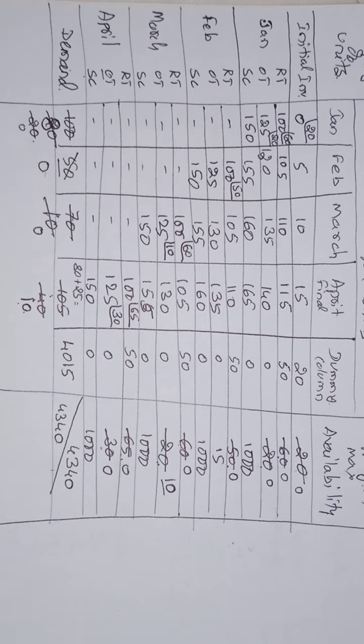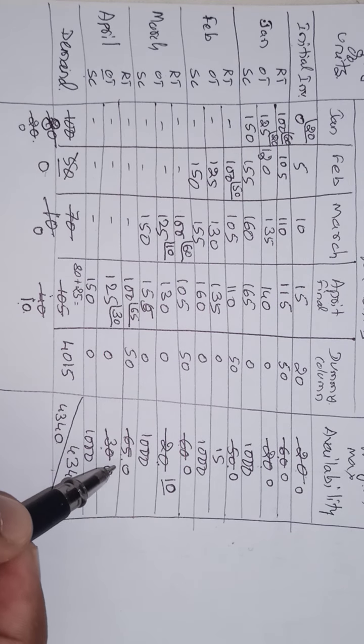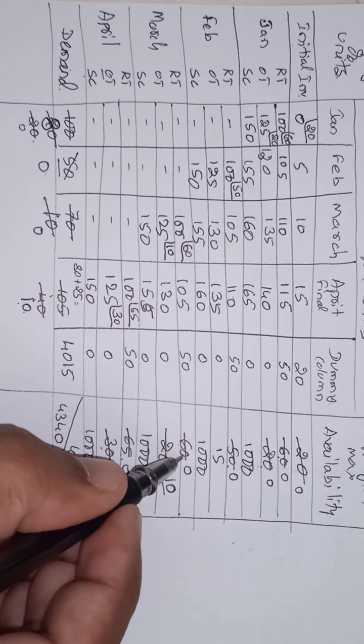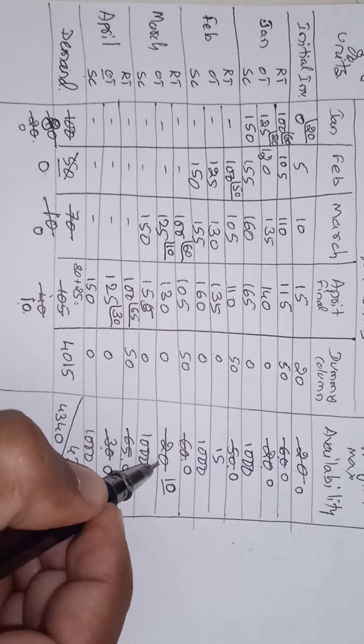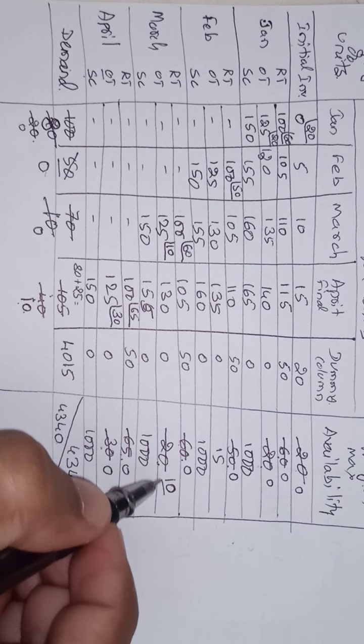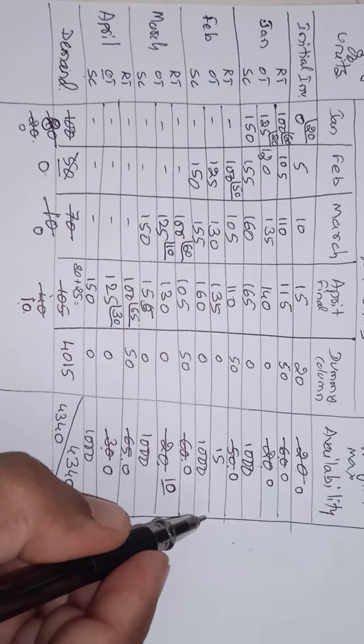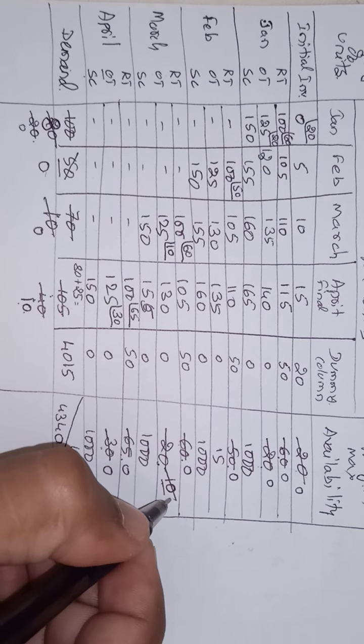If quantities are remaining in previous months by using that RT and OT, those products can be utilized to meet the demand of April, right? So here, in March we have already consumed the RT cost, but the remaining is from the OT. So how many quantities are there? 10 quantities are remaining.